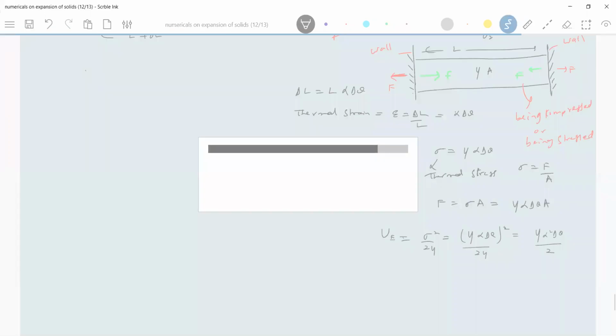Let me go for one more idea related to this. This is called a bimetallic strip. Everyone knows the thermal expansion formula, but the diagrams and the physical conditions given should be understood properly.